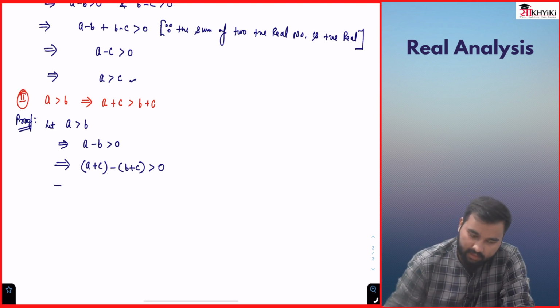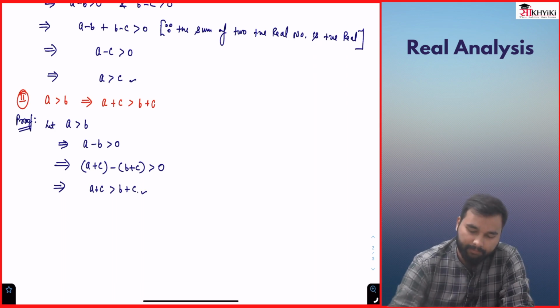And from here, what can we say? That a plus c should be greater than b plus c.